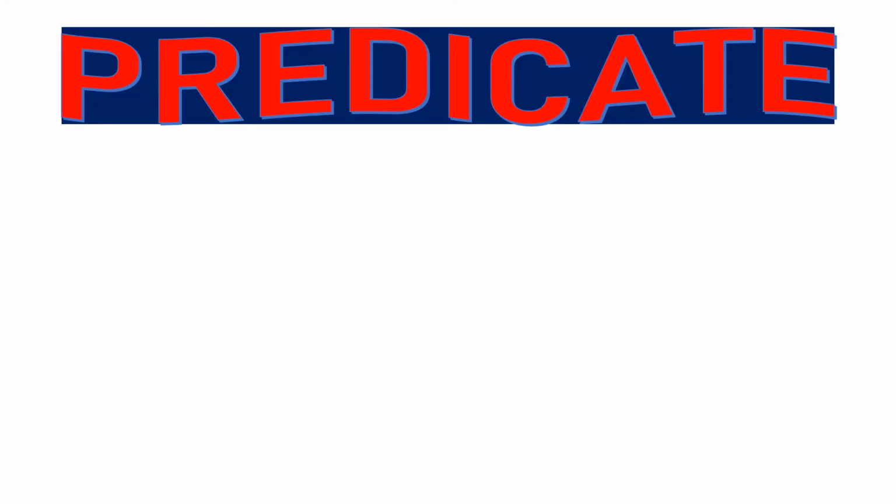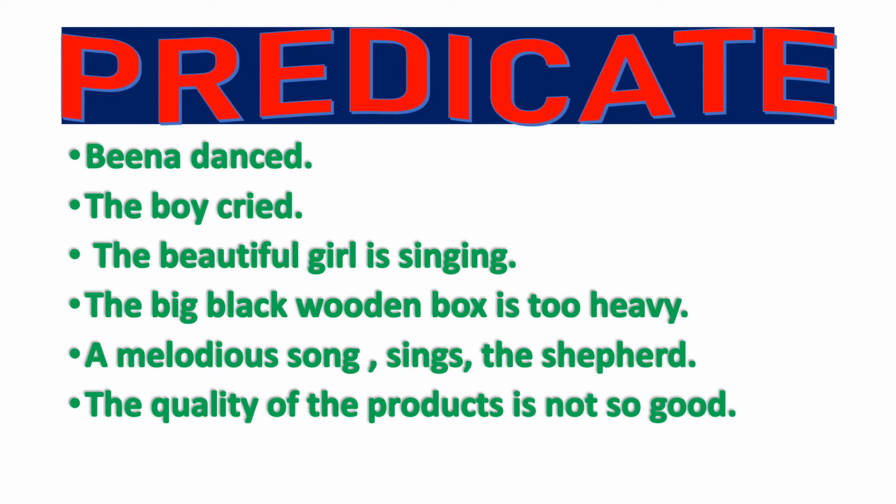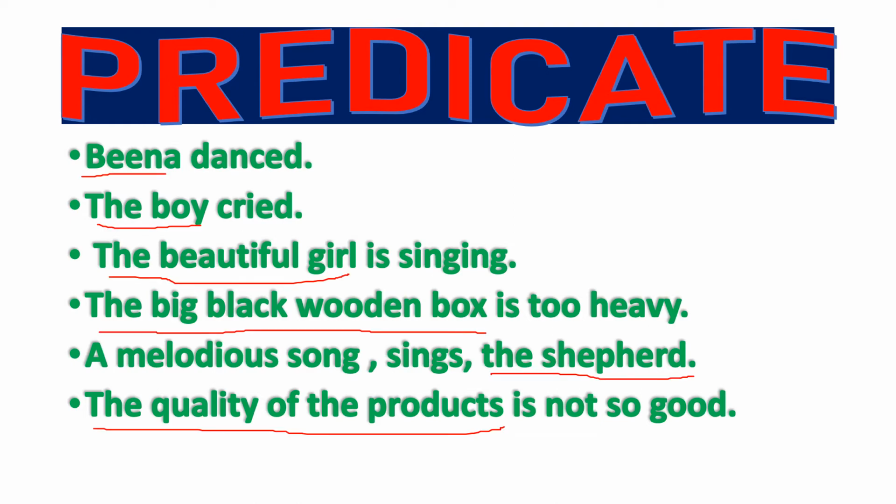What is the predicate in a sentence? Let's check the same sentences to learn the predicate. So these are the subjects of these sentences. What remains after isolating or separating a subject from a particular sentence?